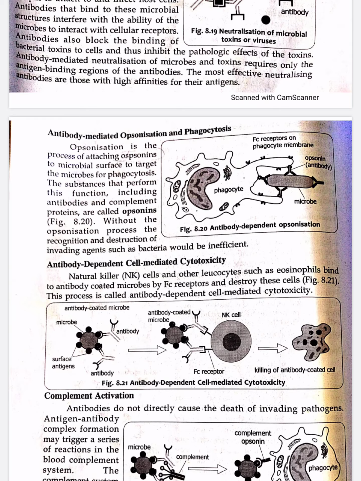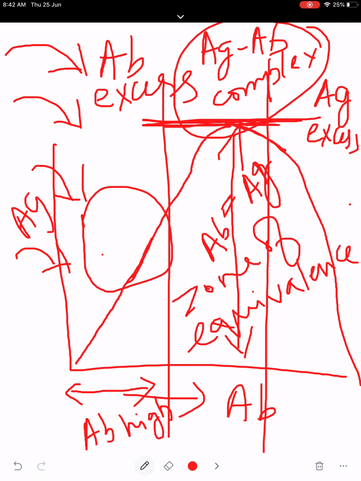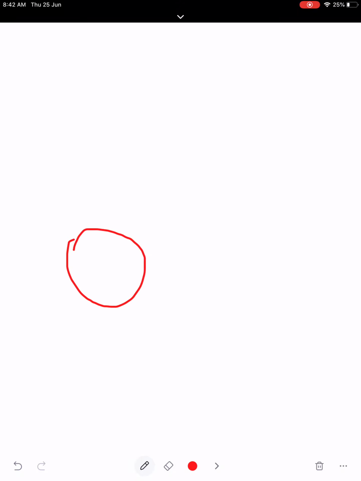So we'll just come back to the whiteboard. Here we can see that if there is an antigen like this, and if it is having an epitope, what we could see is that this antigen is made more attracted to a phagocytic cell present.